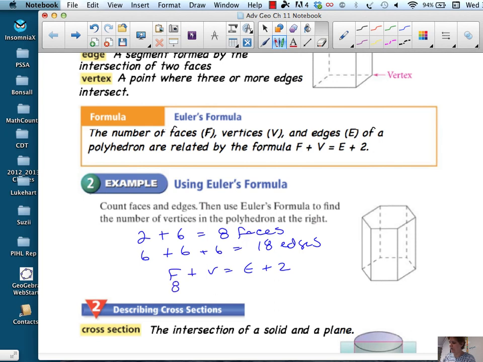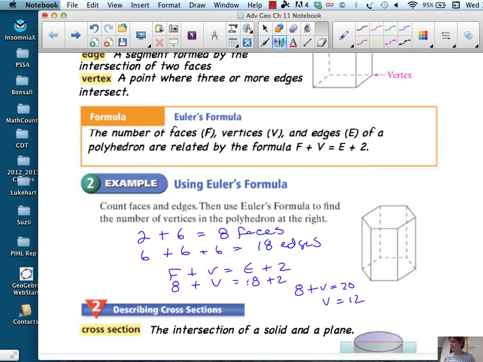So the faces are 8, and the edges are 18. So I get 8 plus the vertices equal 20, and the vertices equal 12.